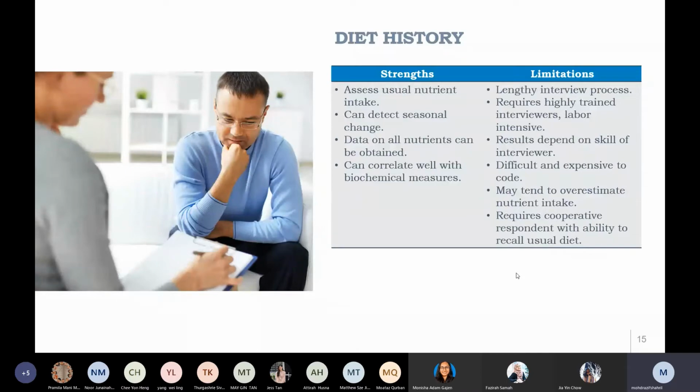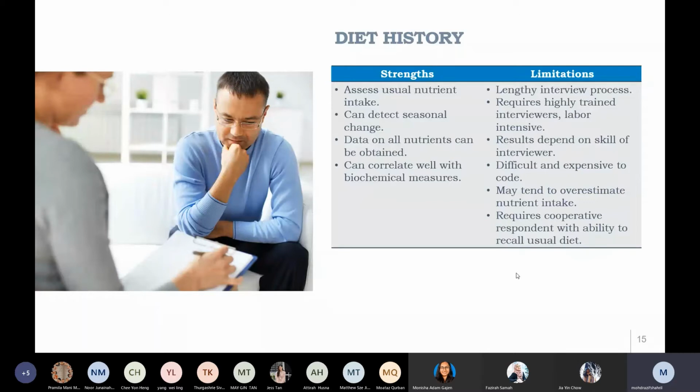The limitation will be the interview process. You will be able to imagine it will be very lengthy because we are asking a lot of questions related to their food habits. It requires highly trained interviewers and is labor intensive. The result depends on the skill of the interviewer to probe questions and record the responses.